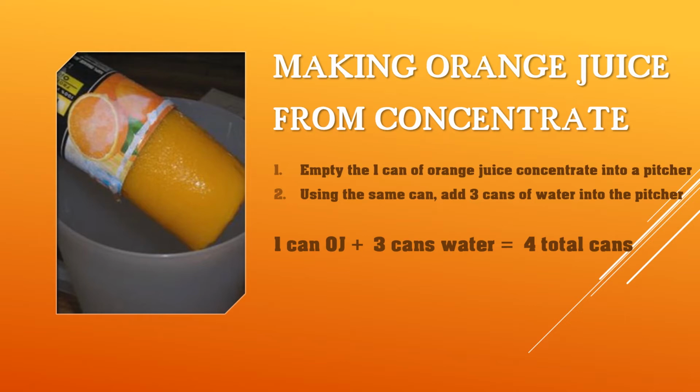So as you can see here, you only need 1 can of the OJ. That would be the solute. And the 3 cans of the water, that would be the diluent. And you would have 4 total cans when you add them all together.